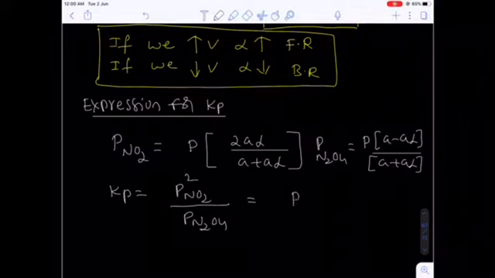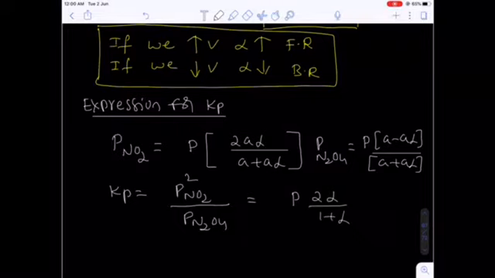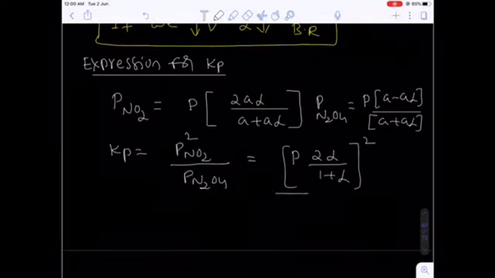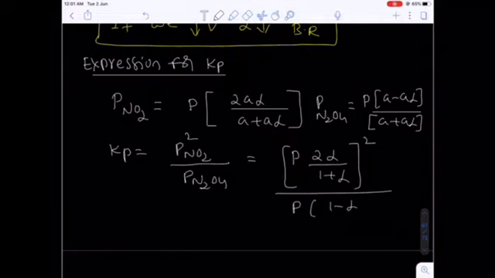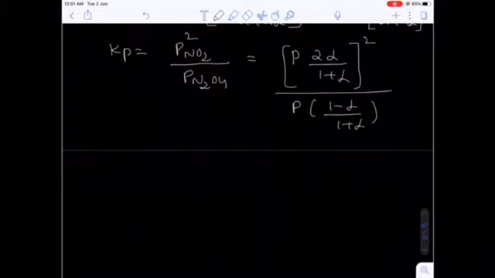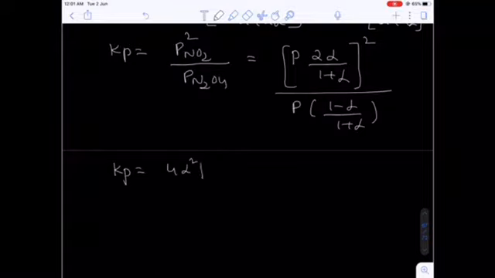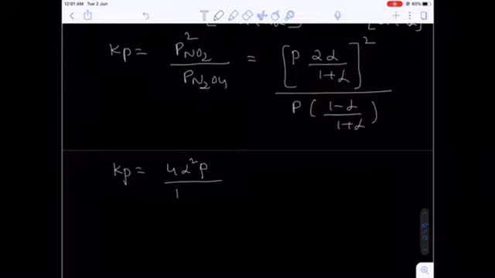NO2 is P into 2 alpha by 1 plus alpha, whole square, divided by partial pressure of N2O4, P into 1 minus alpha by 1 plus alpha. After simplifying this expression, Kp becomes 4 alpha square P by 1 minus alpha square.